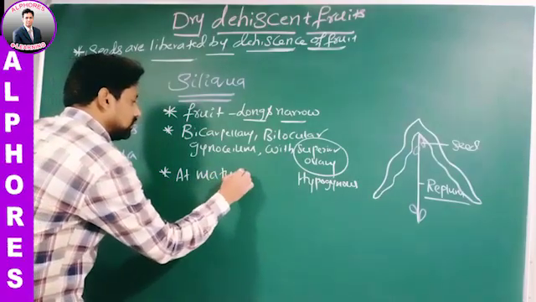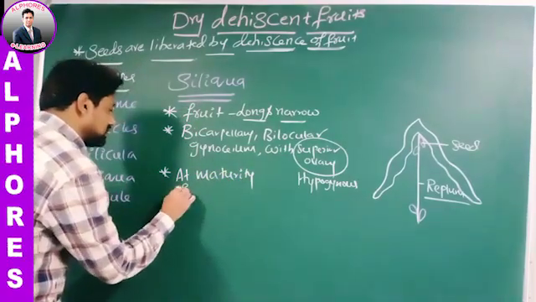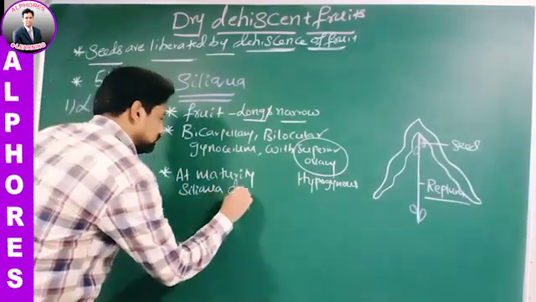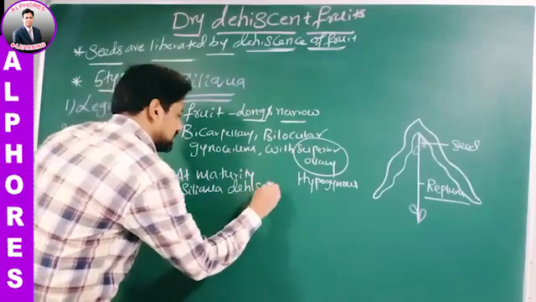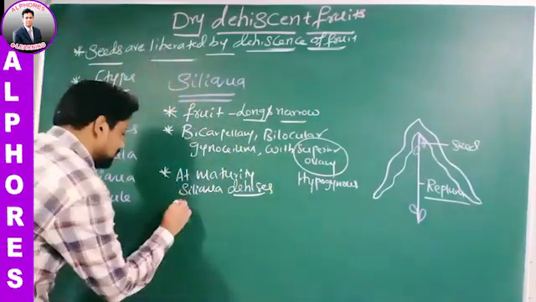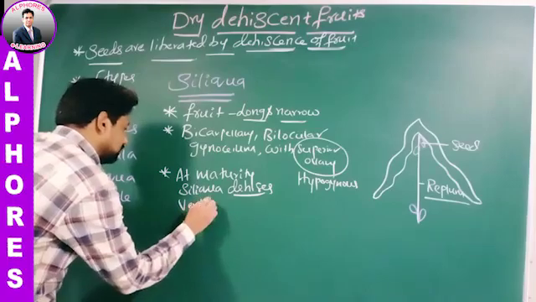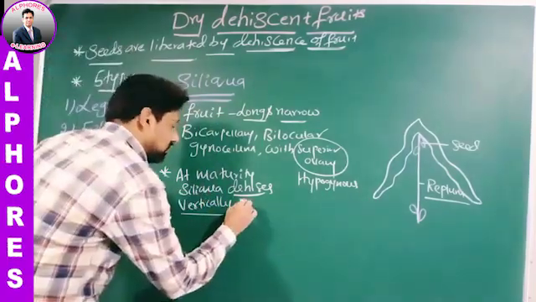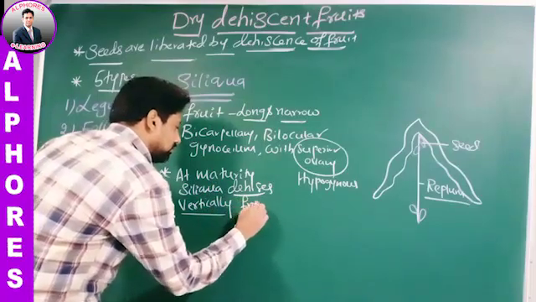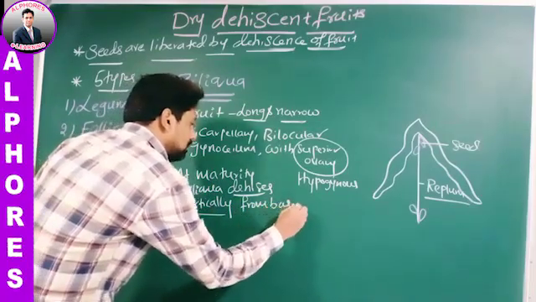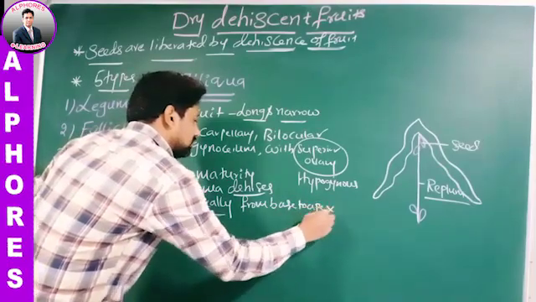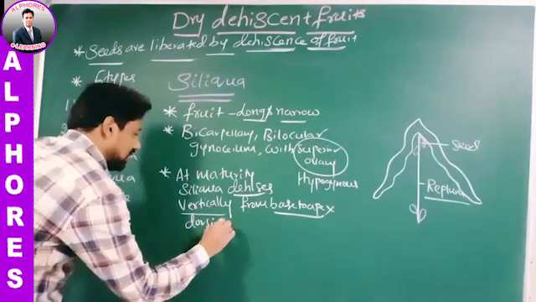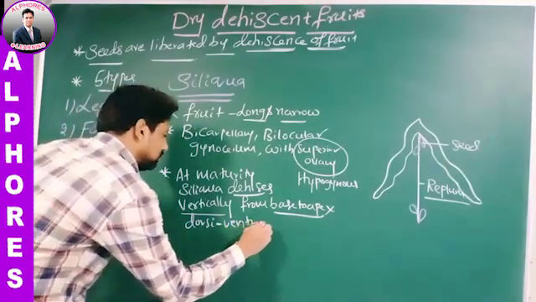Therefore, Siliqua at maturity dehisces vertically, from base to apex, dorsiventrally. It means on the dorsal suture as well as the ventral suture.